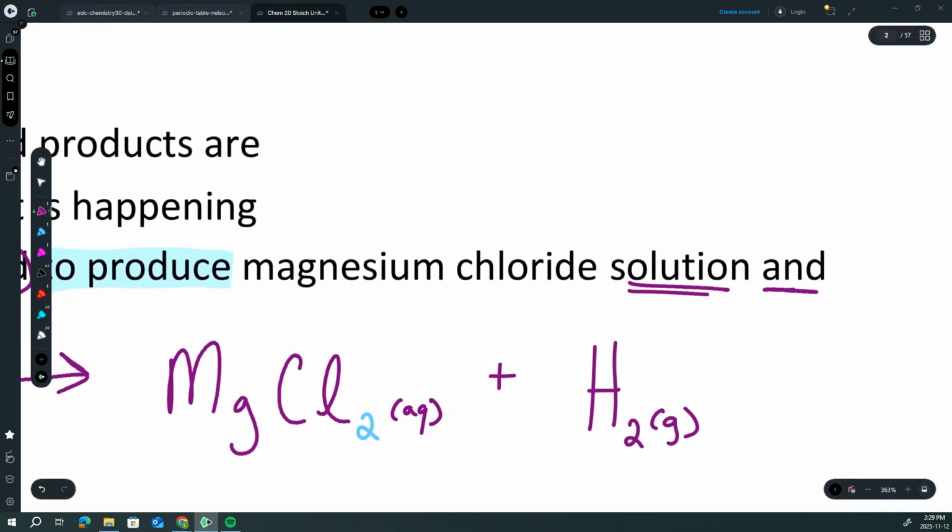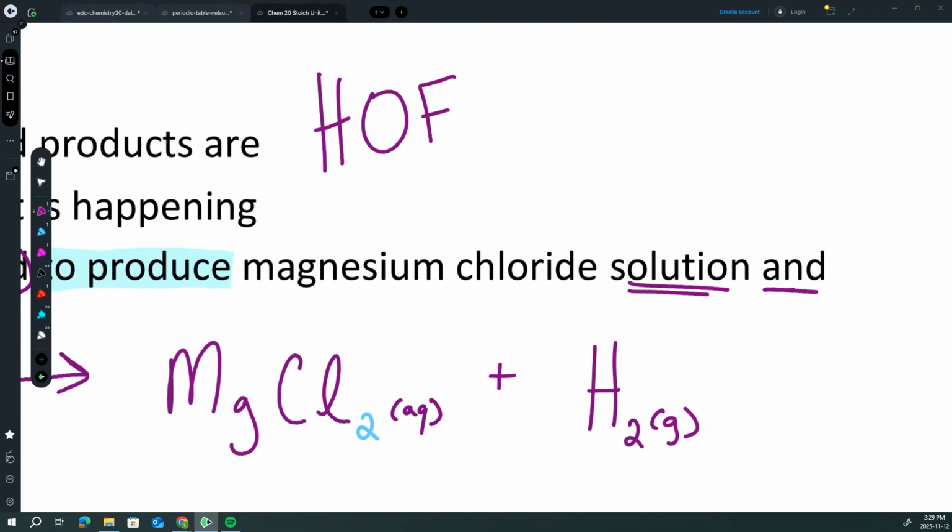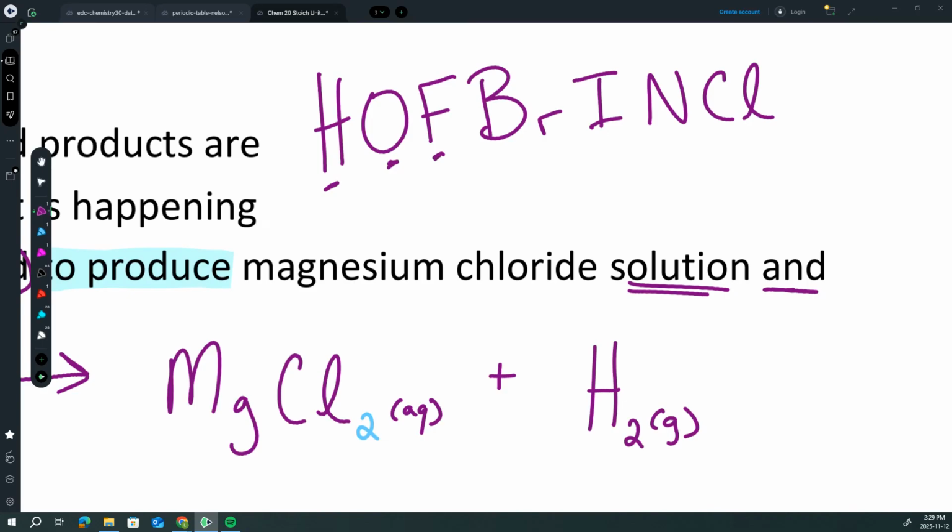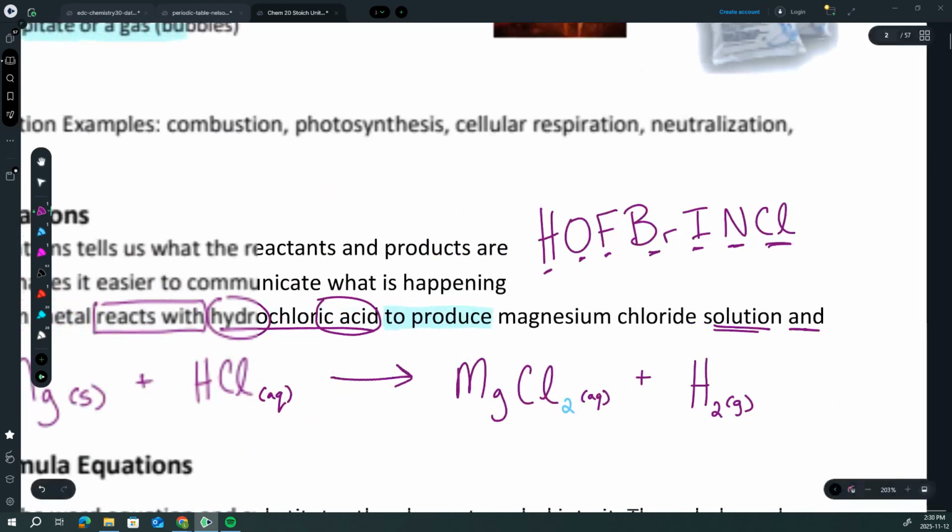An acronym that I use to help remember my diatomic elements is Hofbrinkel. What this means is hydrogen, oxygen, fluorine, bromine, iodine, nitrogen, and chlorine, whenever they are by themselves, not in a compound, there are always going to be 2 of them. That's what I use to help myself remember.